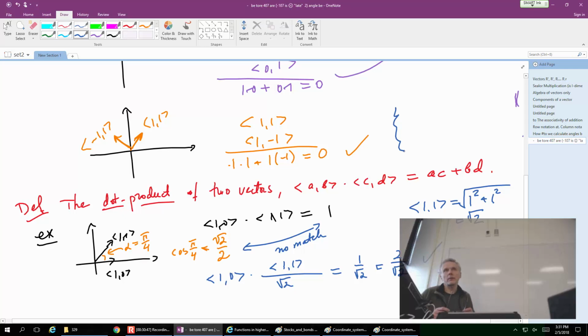Yeah? Shouldn't square root of 2 over 2 be the final answer? It's the same thing. Square root of 2 over 2. Oh, I'm sorry. Right. Yeah, no, wait a minute. Hold on a second. Where did I mess it up? 1 over square root of 2.